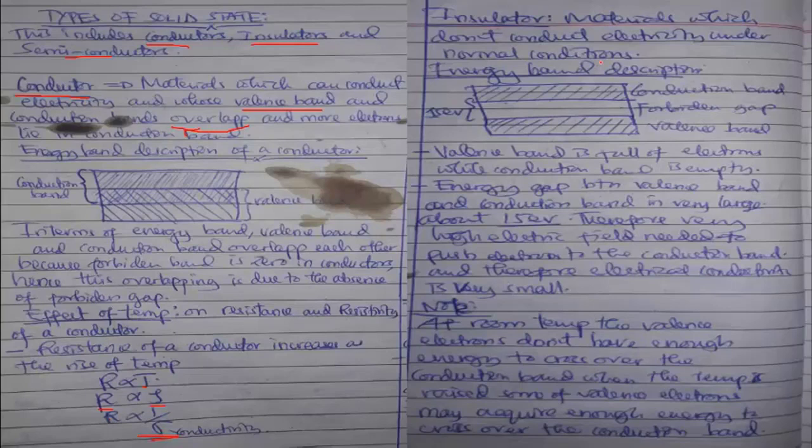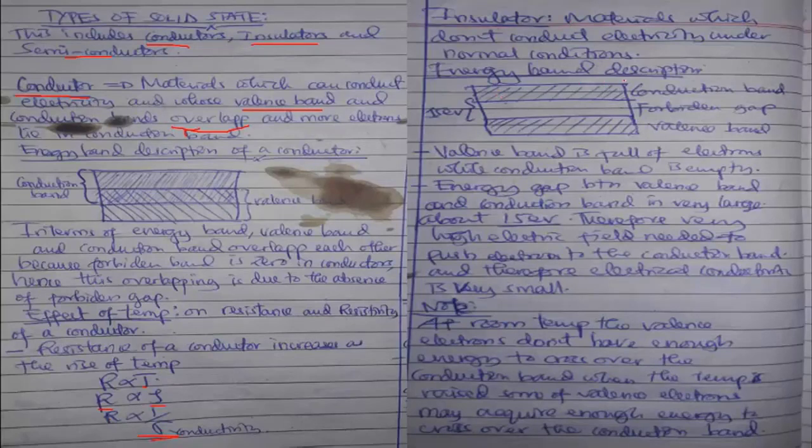So one of the reasons why insulators cannot conduct electricity is that the forbidden gap is very, very large, in such a way that it requires a very high energy to make valence electrons shift to enter the conduction band. Under normal conditions, this energy is usually not available to make the valence electrons jump all the way to the conduction band, because the forbidden gap is very, very large.